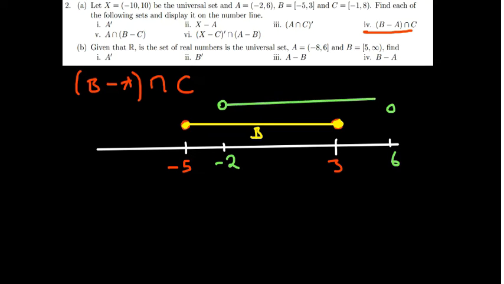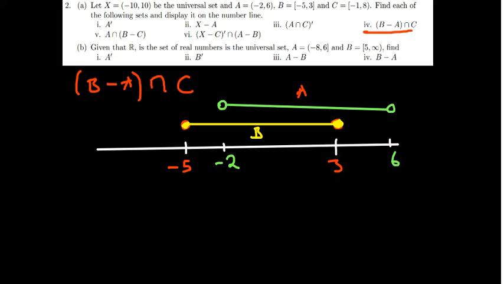So that is our set A. I want you to get this one so clear. If you look, A is not shaded on both ends, negative 2 and 6.